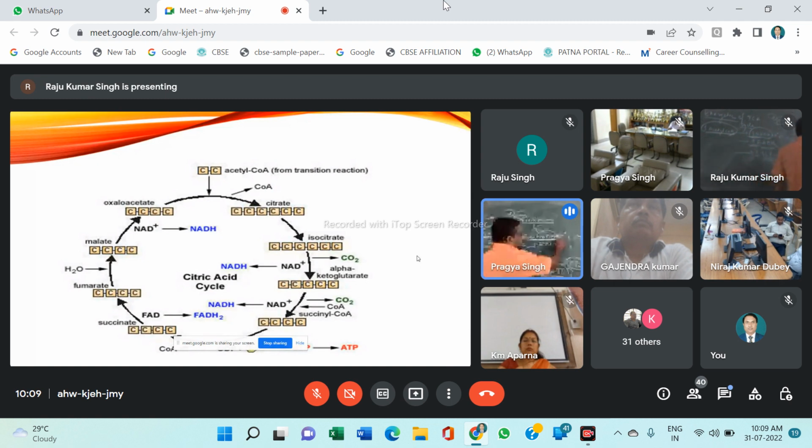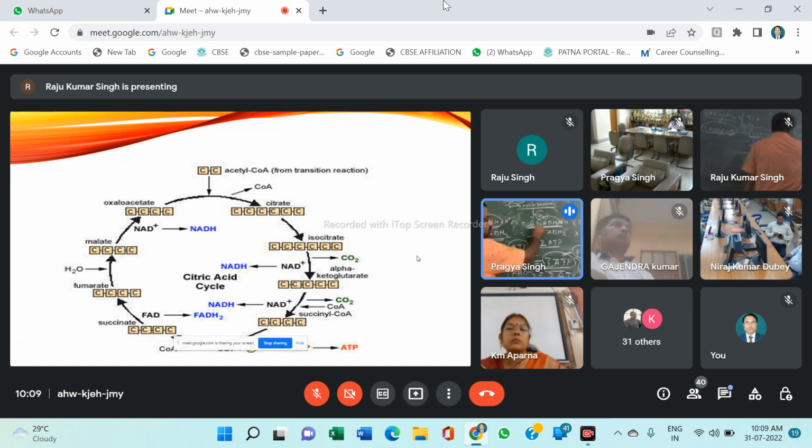Definitely, they are not the direct form of ATP from the Krebs cycle. When they move to the ETC, only then will we get 3 ATP and 2 ATP respectively from 1 NADH and 1 FADH2. So that has to be mentioned here. They are also energy sources; they have stored energy.